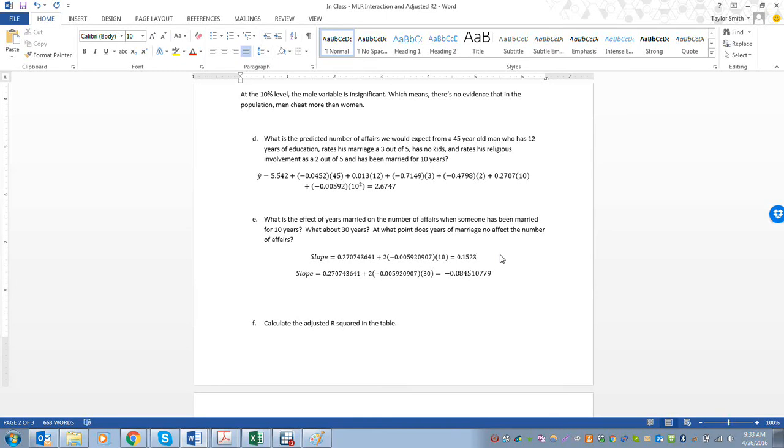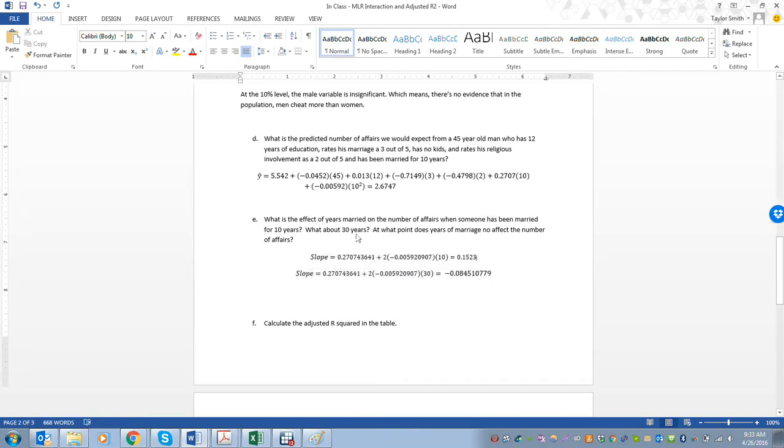But going from 30 to 31 years decreases the number of affairs. So it looks like there comes a point where you've been married long enough, you're less likely to have affairs. You're likely to have more affairs early in your marriage, and that slows down until it comes to a point where you're less likely to have affairs the longer you're married.